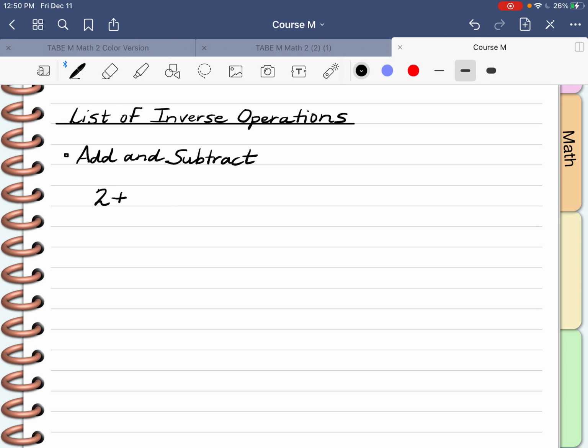2 plus 5 equals 7. Or 5 plus 2 equals 7. So you can add those either way. You can subtract 7 minus 5 to get 2, or 7 minus 2 to get 5.